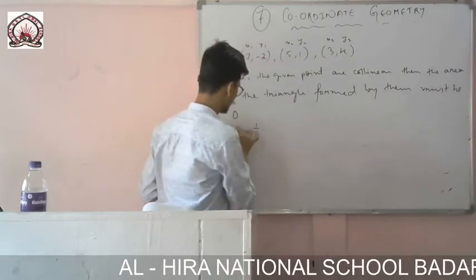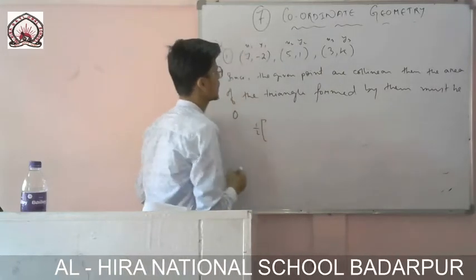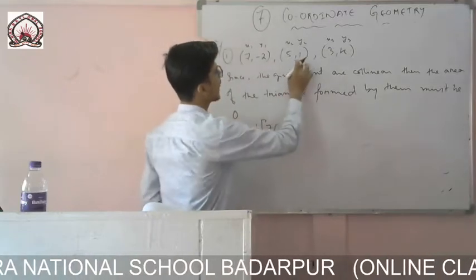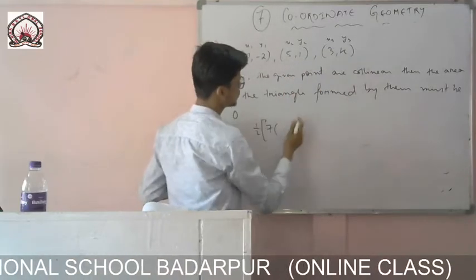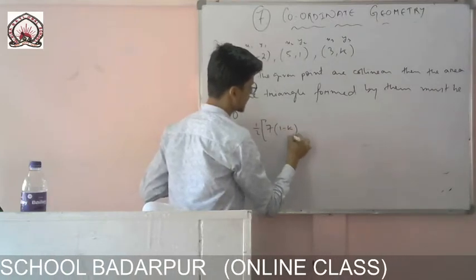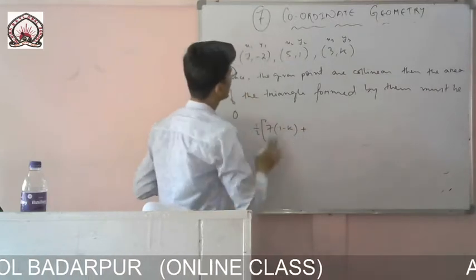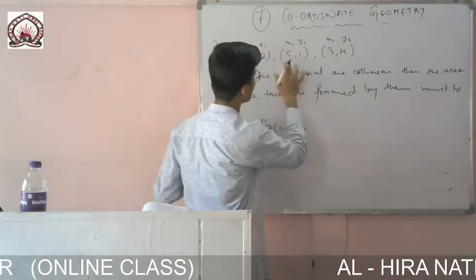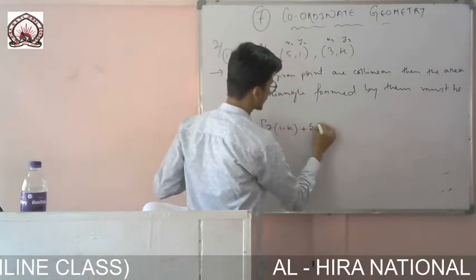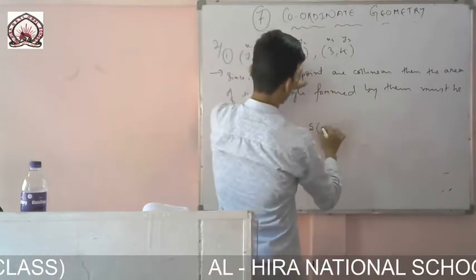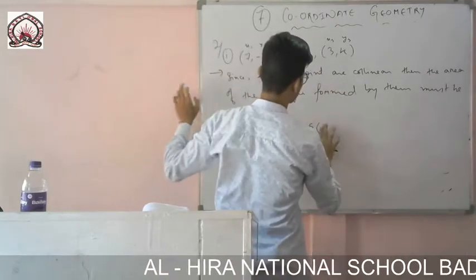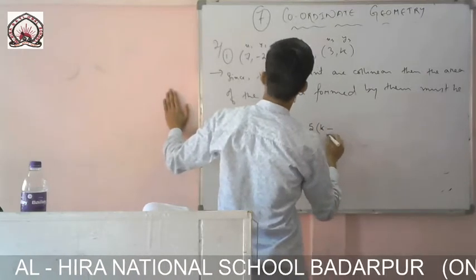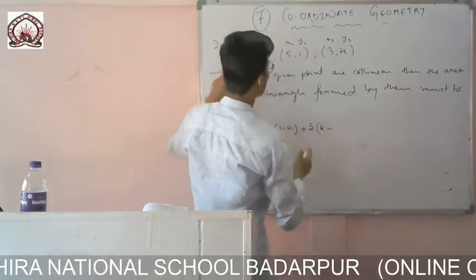So the formula is half into x1, which here is 7, then y2 minus y3, that is 1 minus k, plus then x2, it is 5, then the formula is y3 minus y1, that is k minus (minus 2).